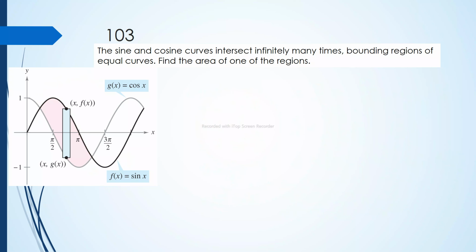To summarize, if we don't have a graph, then you draw the graph. Next, you determine the limits if they are not given.